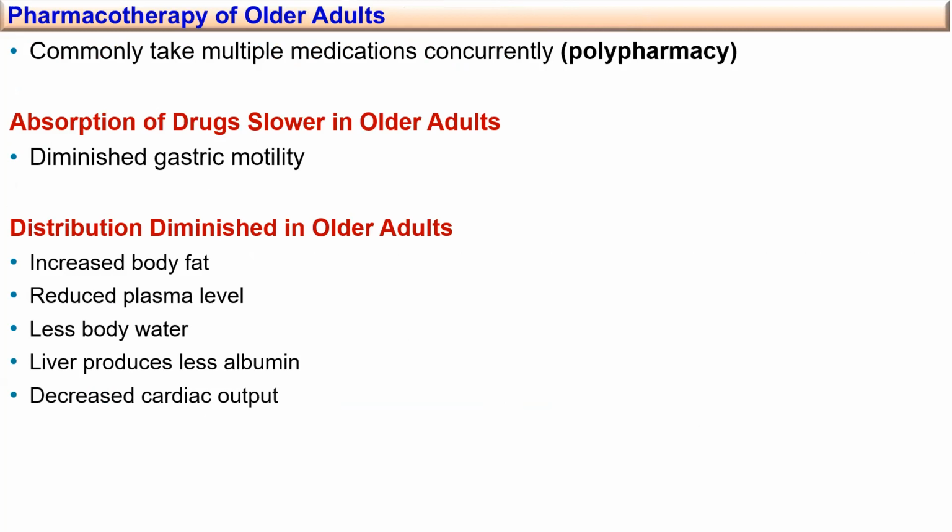Now, older adults. Older adults commonly take multiple medications concurrently, at the same time, called polypharmacy. Some predictable ailments or diseases or health conditions, but much variability remains.